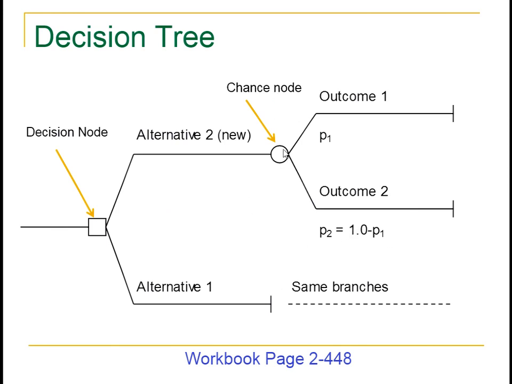A chance node is the probability that an outcome will occur, either an effectiveness or an adverse effect, or will not occur. And the total of the probabilities of the outcomes has to equal 1.